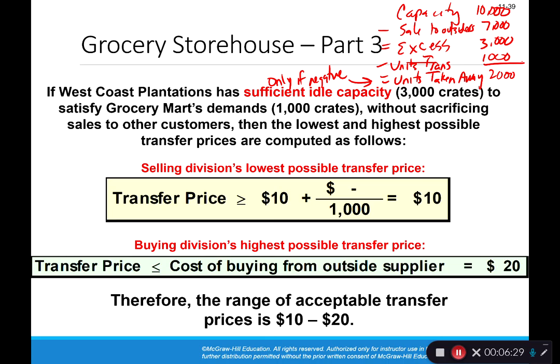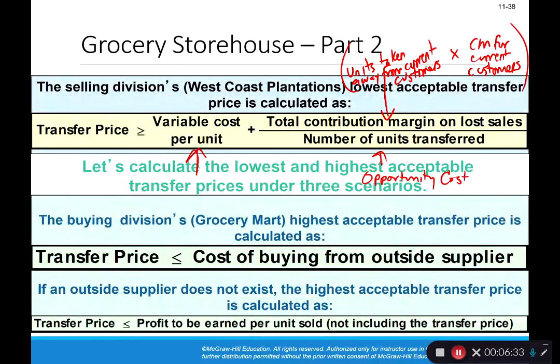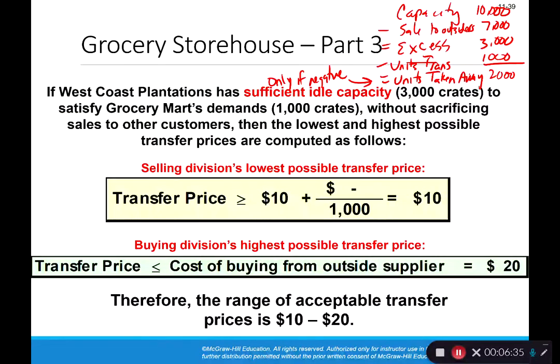So when I'm doing my little formula, which if I go back, remember is units taken from current customers times CM. Because this 2,000 isn't negative, the units taken are 0 times the CM to the outside world, I believe was 15. Doesn't matter because 0 times anything is 0, but that's selling price minus variable cost, and I'm pretty sure that West Coast Plantations is selling at 25.